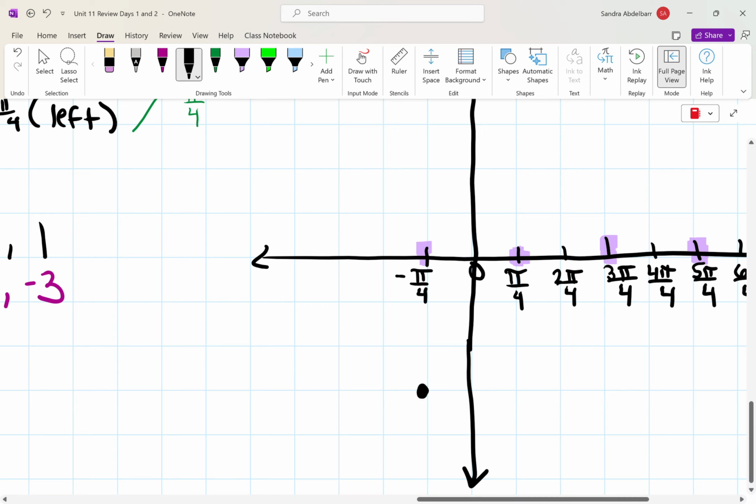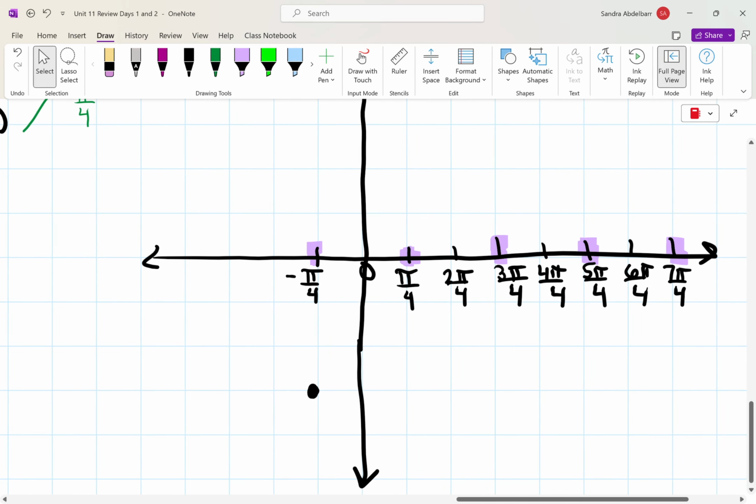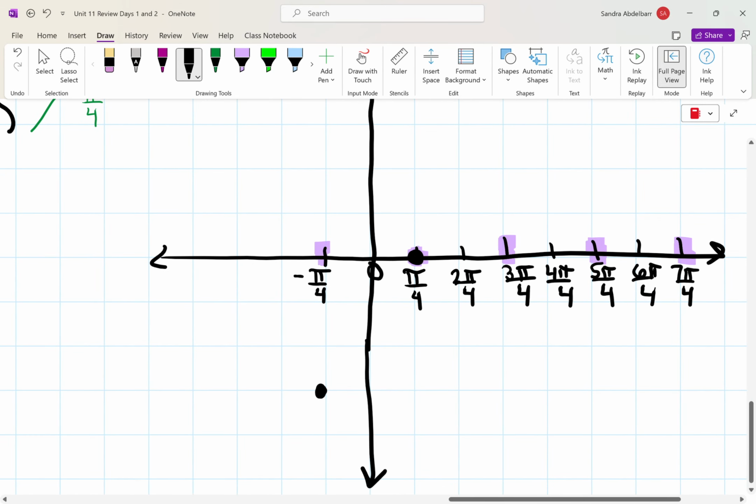Then I'm not going to put any coordinate on 0, right? Where do I go to next? Pi over 4. Then it's going to be pi over 4, do we know what it is? Pi over 4, 0. Am I going to put anything on 2 pi over 4? No, we now go to 3 pi over 4. So it's going to be 3 pi over 4, 3.